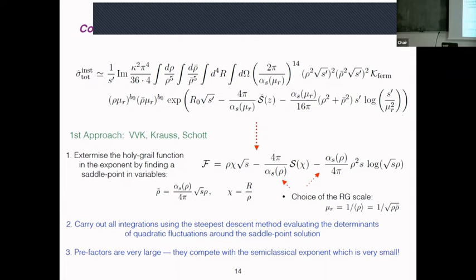In fact, varying mu by a factor of 2 does give rise to an order of magnitude overall normalization correction. But this is not NNLO perturbative QCD. We're in a state where theoretical normalization is not super well established. So the choice of the scale is one of the theoretical uncertainties in the calculation.